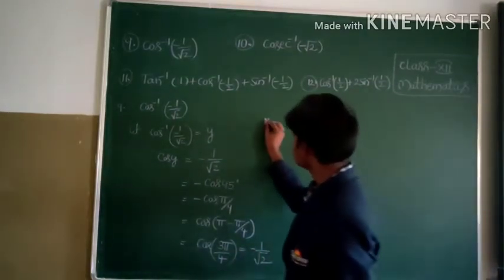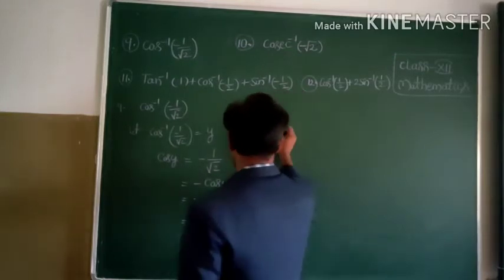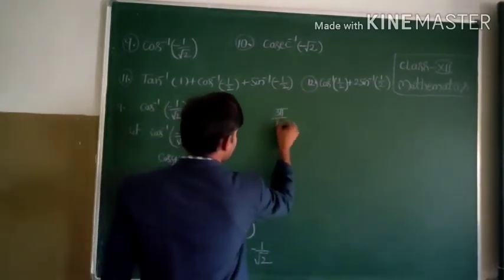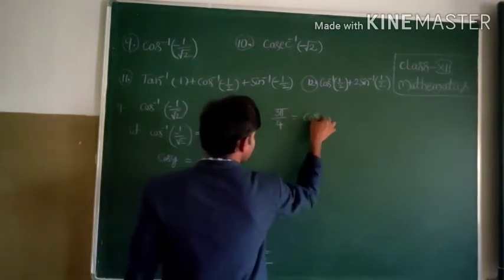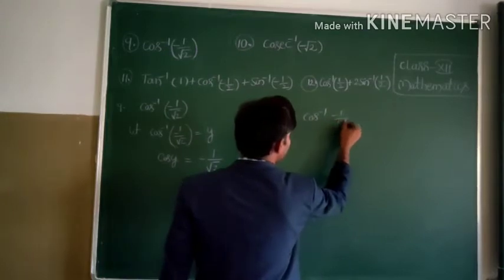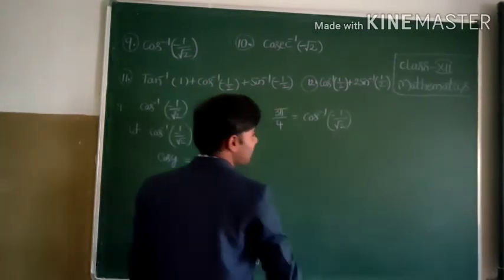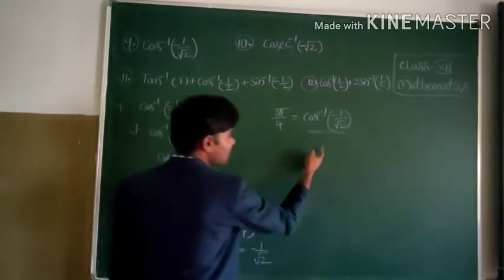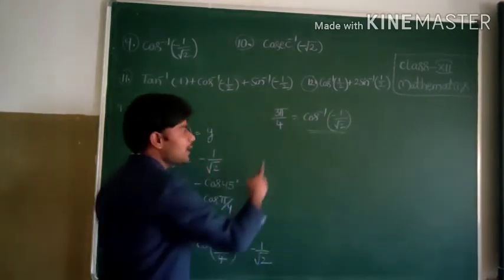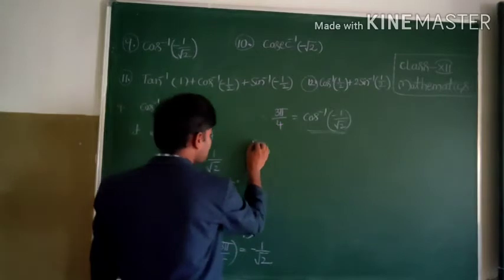So 3 pi by 4 is equal to cos inverse of minus 1 by root 2, which is the given function. So the principal value of cos inverse of minus 1 by root 2 is equal to 3 pi by 4.